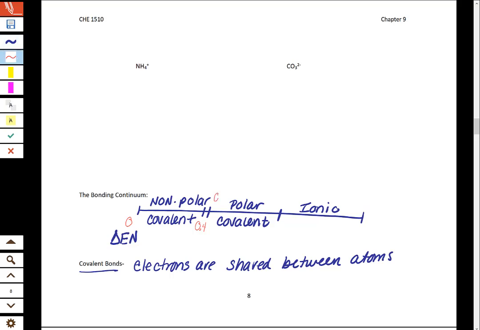When you hit 0.5, that is a polar covalent. And then this last number isn't widely agreed upon, the cutoff between polar covalent and ionic. Some textbooks say 1.7, some say 1.9, some say 2.0. So let's split the difference and call it 1.9, and that way we'll start ionics at 2.0.